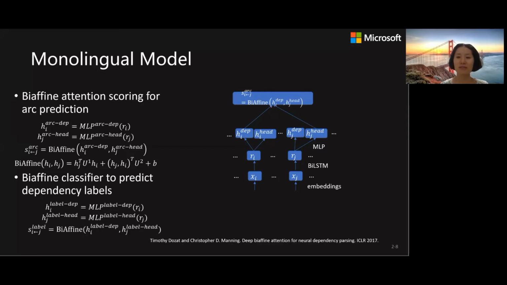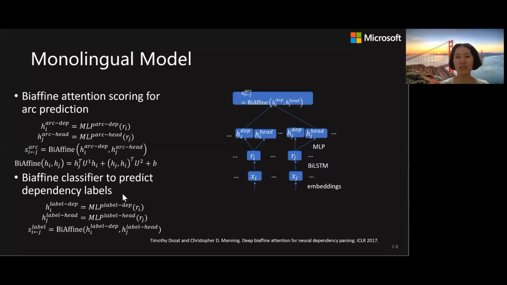To summarize, the basic idea of the biaffine attention model is that for each token, we derive two different vectors, h-arc-dep and h-arc-head. Then we use the dep vector of token i and the head vector of token j to evaluate the score of the candidate arc. Similar to the unlabeled arc model, we can also use another biaffine attention model to predict the label of each arc.